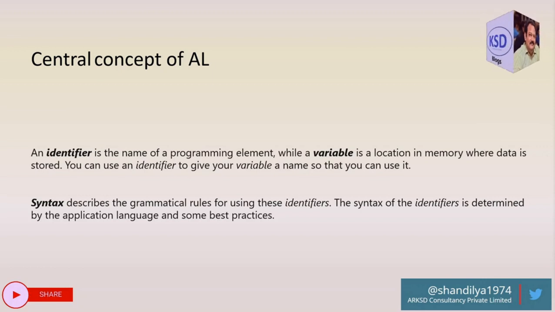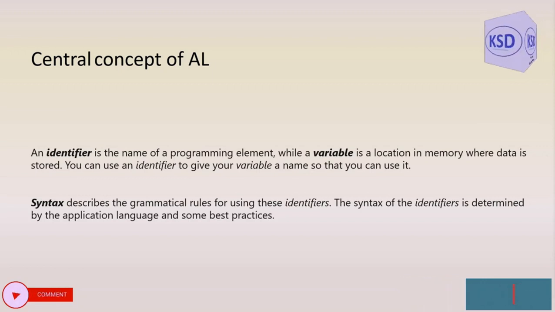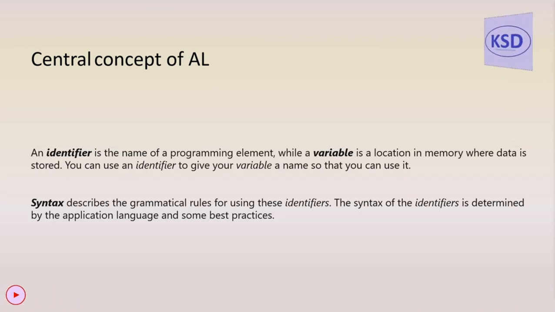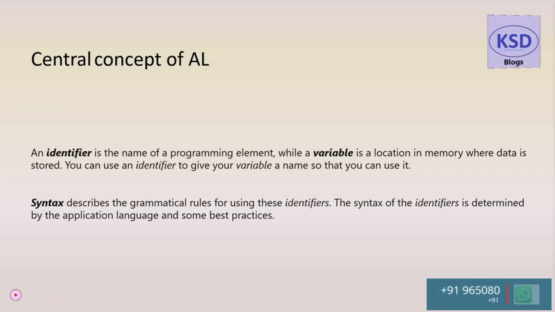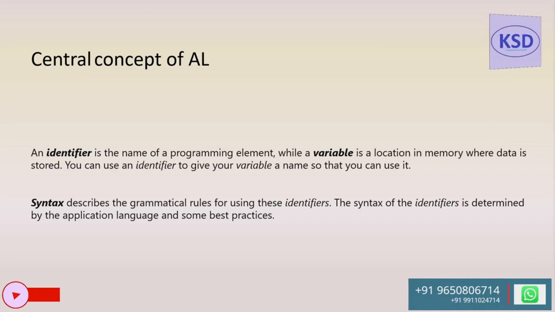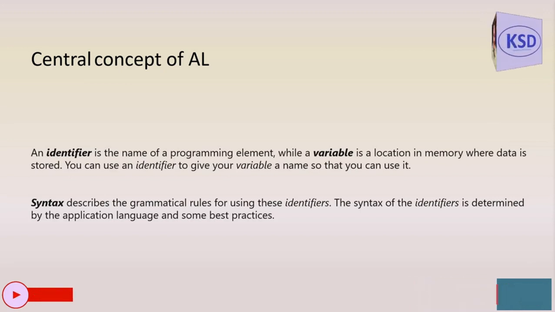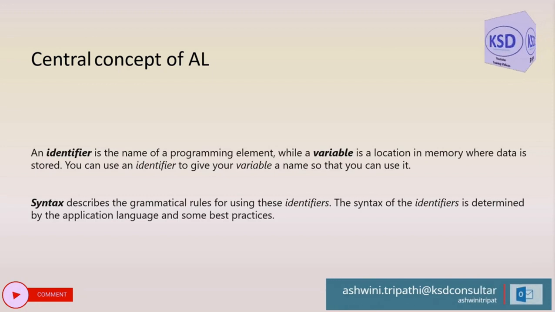Similarly, the system can also understand some set of syntax which you can use to communicate what you need from the system. So syntax basically describes the grammatical rules for using these identifiers, how these identifiers will be accessed.